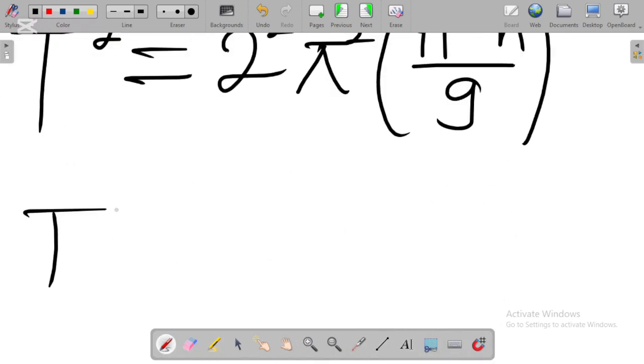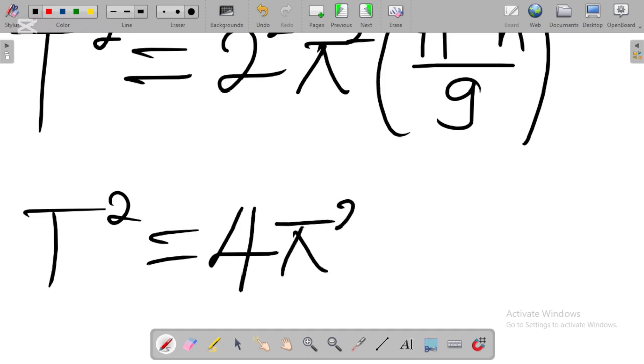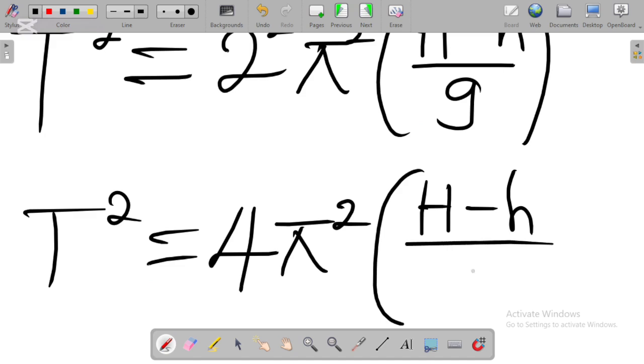So we have here T square is equal to 2 raised to power 2 is 4, and then pi raised to power 2, open bracket, capital letter H minus small letter h all over G, and then close the bracket.